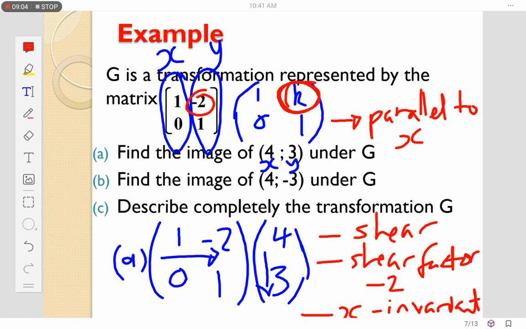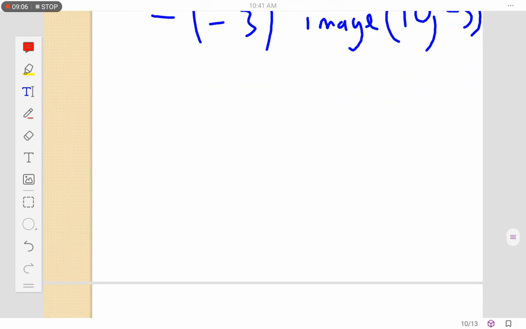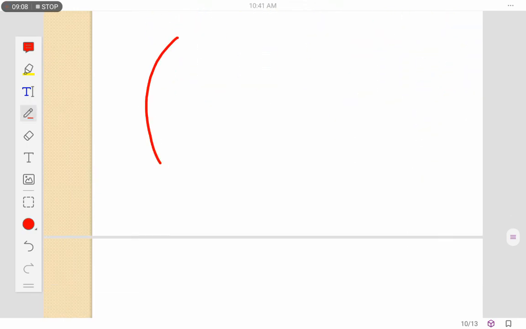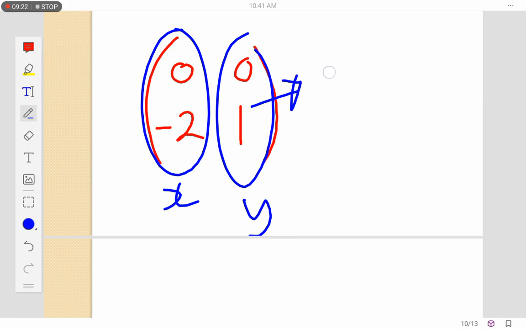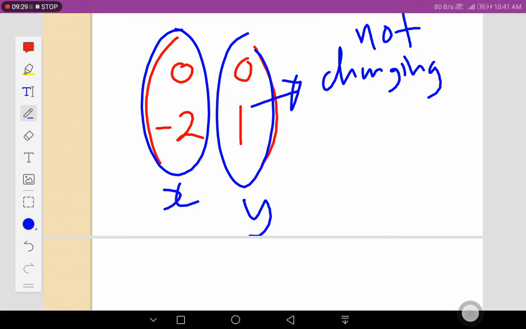For example, let me rewrite it as (1, -2; 0, 1). These are the x values, and these are the y values. This one is not changing. So that's how you show that this is the invariant line. The other one that is changing is where you are having your shear factor.